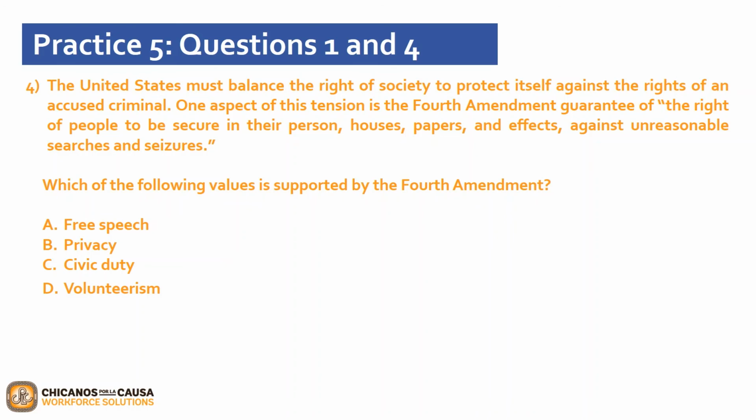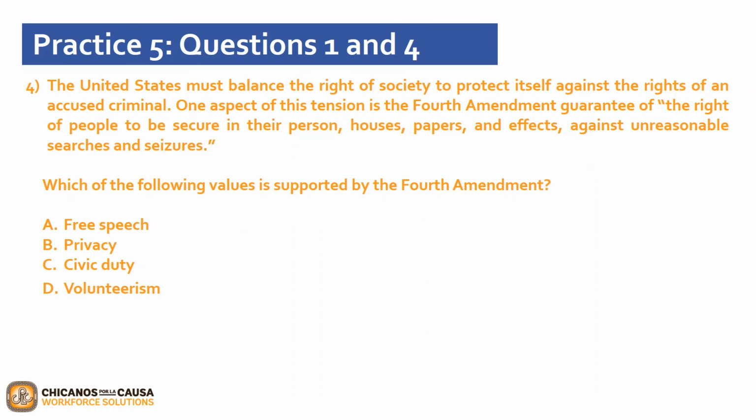So let's look at our options. Free speech pretty much means that you are allowed to say whatever is on your mind. So that does not align with the Fourth Amendment. Privacy, on the other hand, looks like it might, just because it says that you have the right to secure yourself in your home, your papers, and effects against any unreasonable searches and seizures, meaning that you can keep your privacy private.